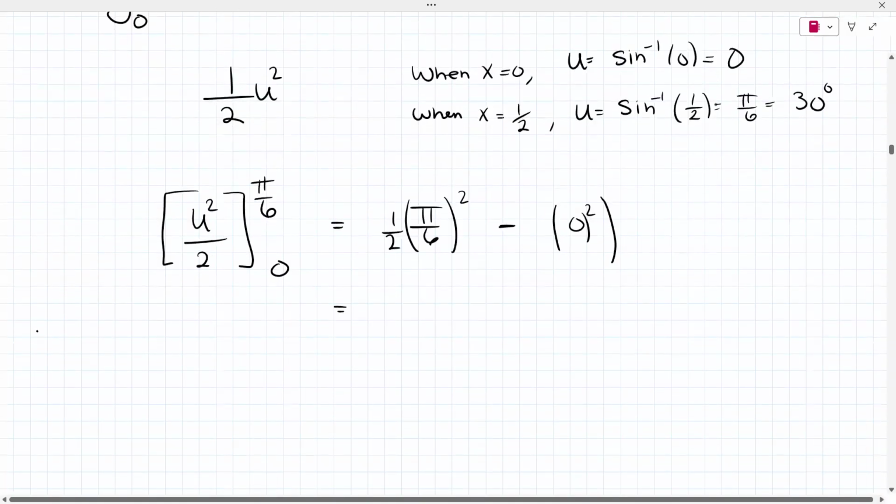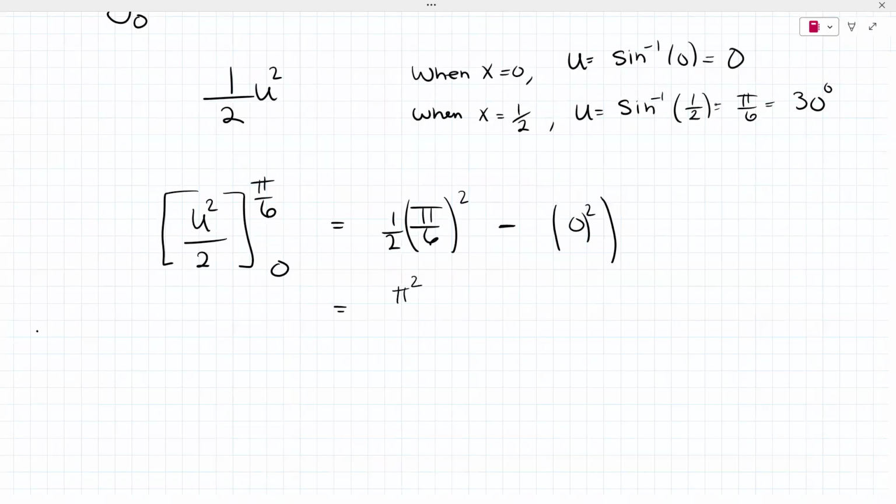So what's pi over 6 squared times 1/2? That's pi squared over 36 times 1/2, which is pi squared over 72. And then this is 0, so yes, that's your final answer. There you go.